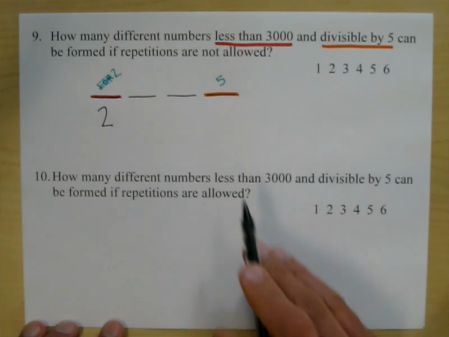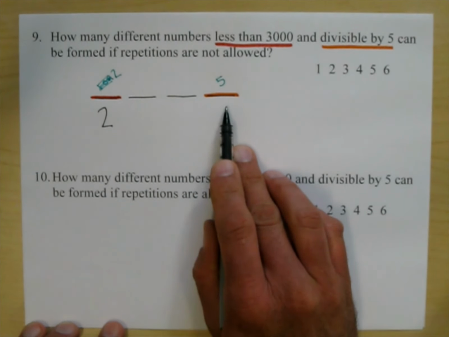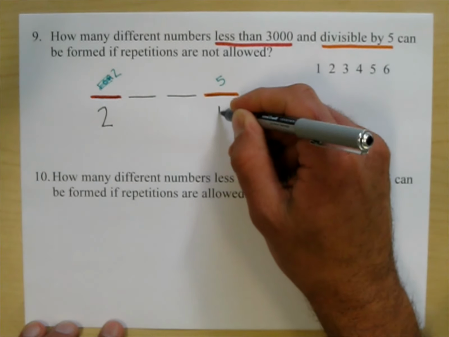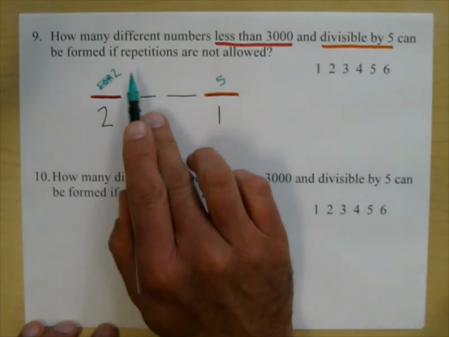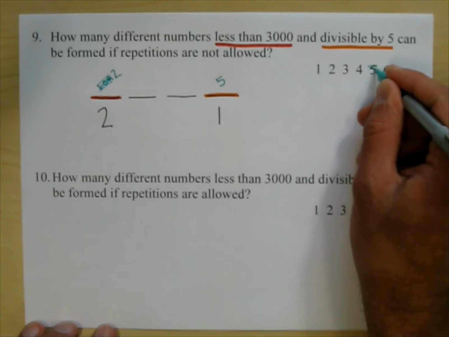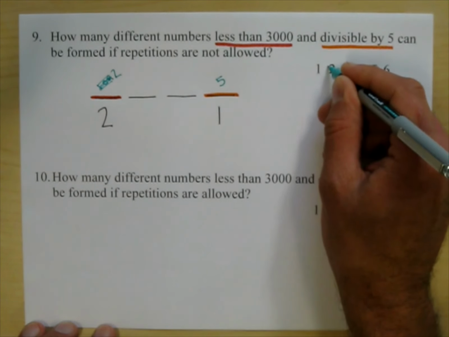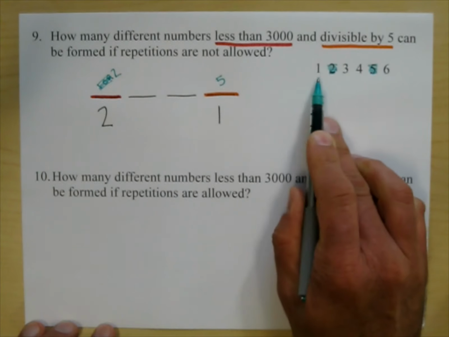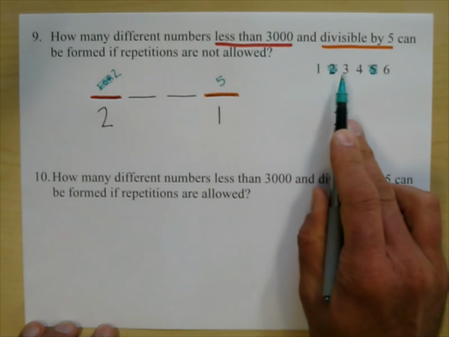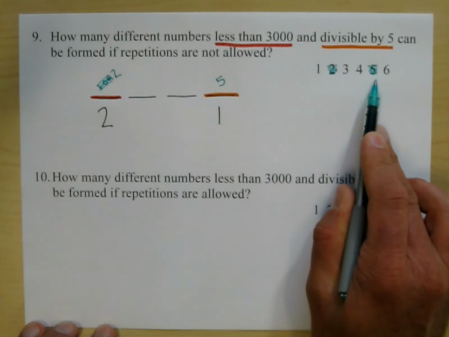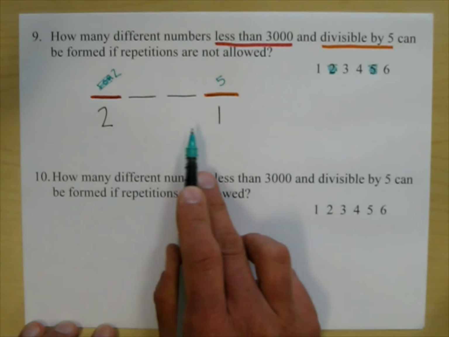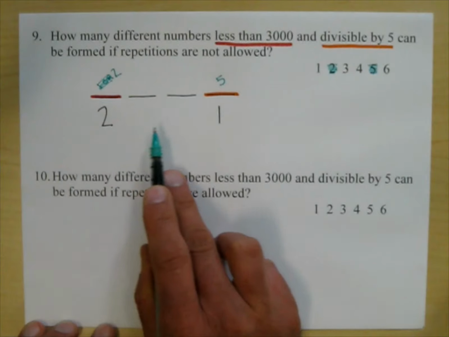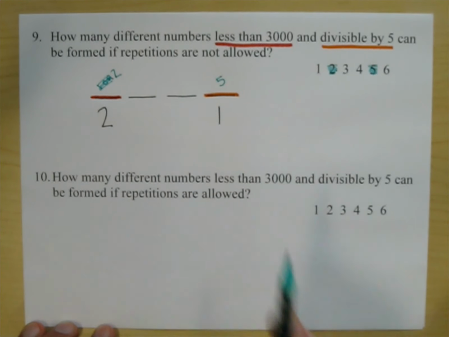How many choices do I have for the last slot? 1 choice. So I put that there. And because reps are not allowed, I'm going to cross out the 5 and cross out the 2. But I am doing my restrictions first. So there were 2 choices here, 1 choice there.